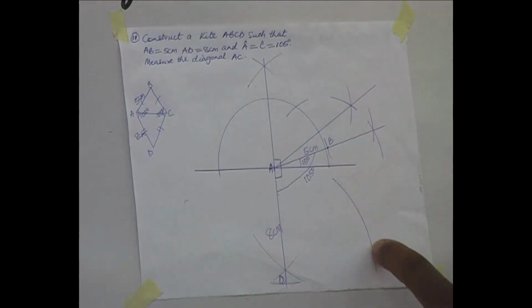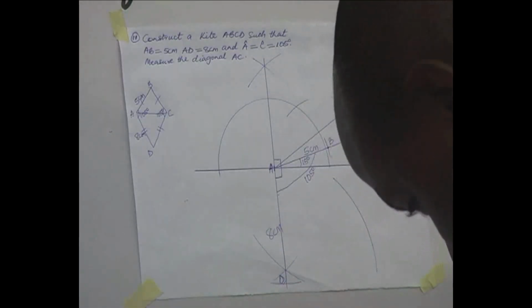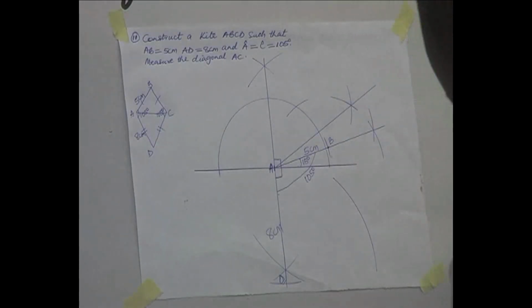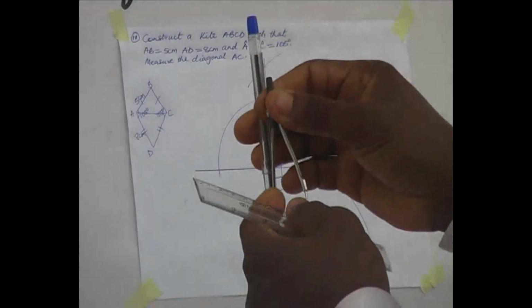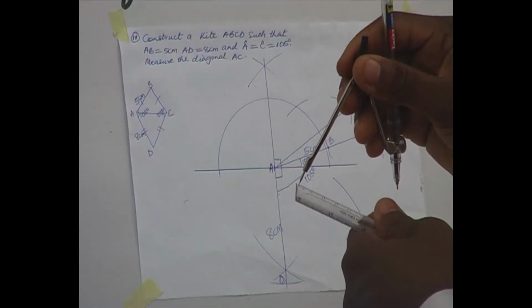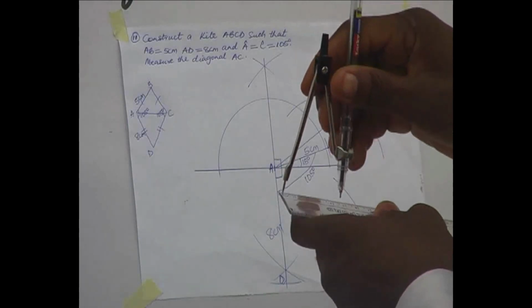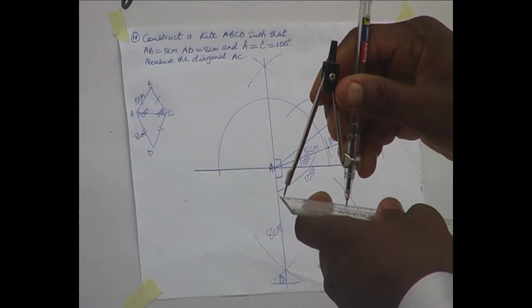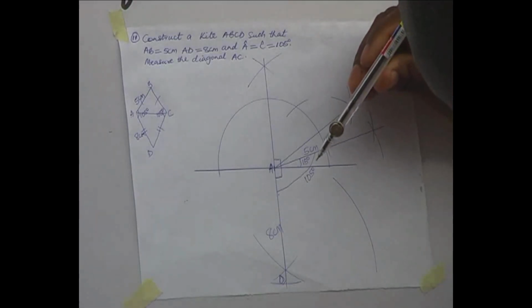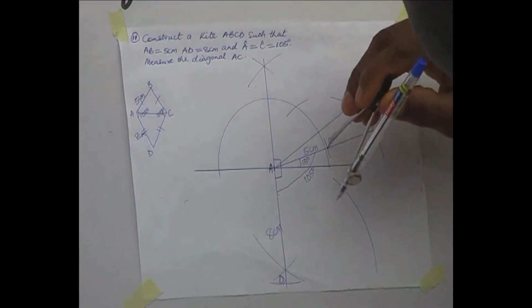I've cut out 8 centimeters. I will now take 5 centimeters. This is 5 centimeters. I will now cut off 5 centimeters this way.